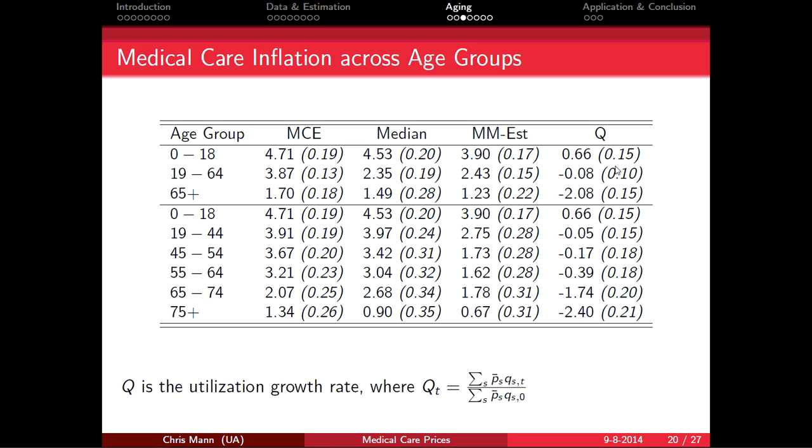Now, for a lot of individuals, right, it's not growing by very much. However, for elderly, it's actually growing by fairly significant amounts, right? For those over the age of 65, it's growing between 1.7 and 2.5% per year, which is much, much better than 0, right?